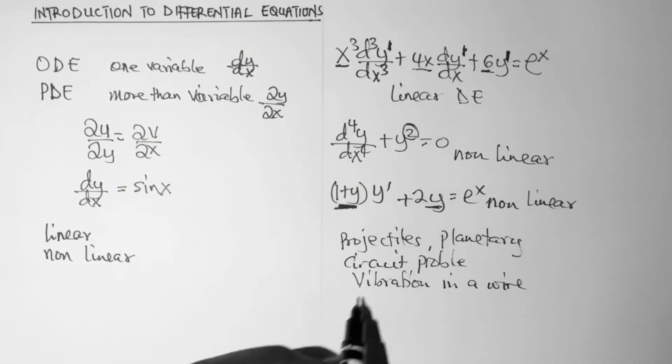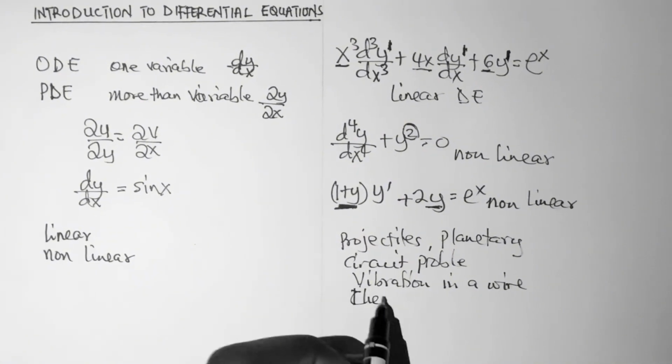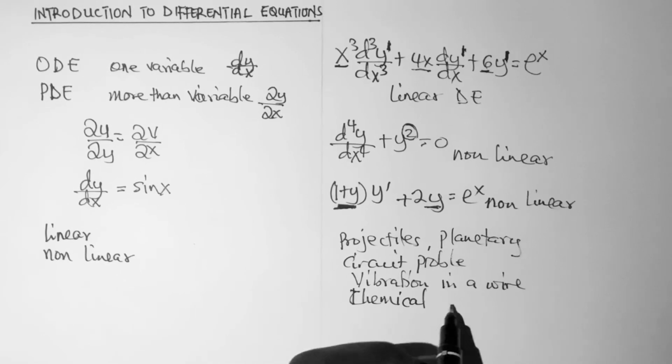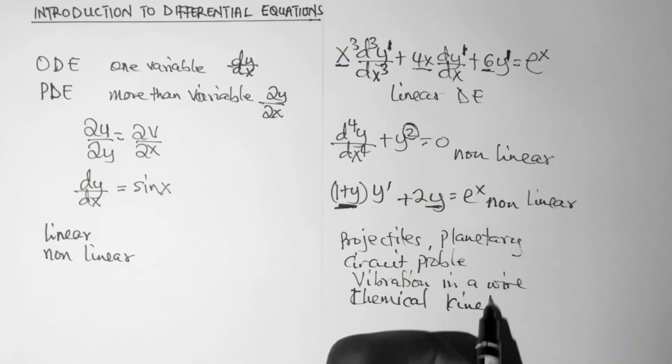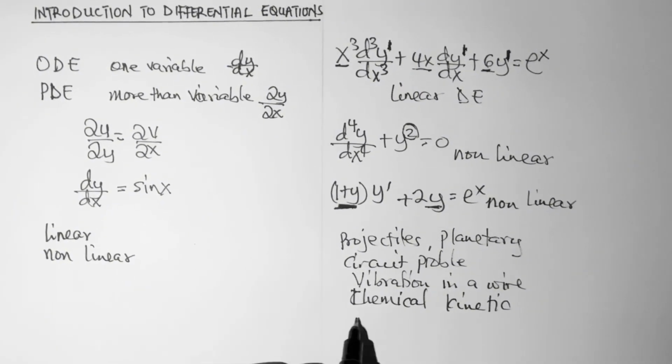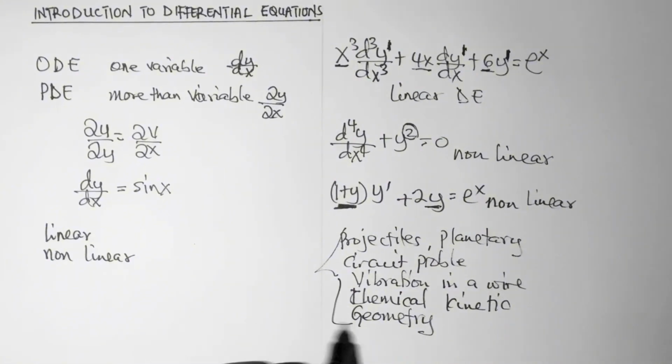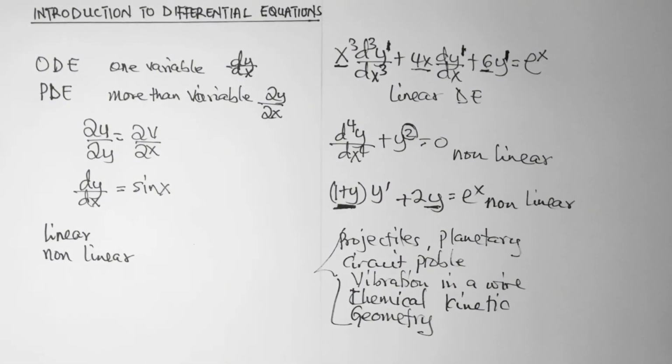They are also used in chemical kinetics to determine rates and half-life of chemical reactions. And the last one is they are also used in geometry. So these are the various areas in which differential equations could be applied.